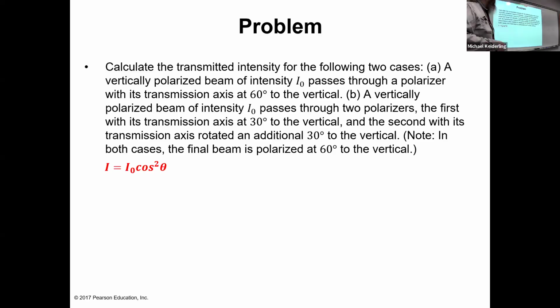So, in general, the intensity that comes out is going to be the initial intensity times cosine squared theta.